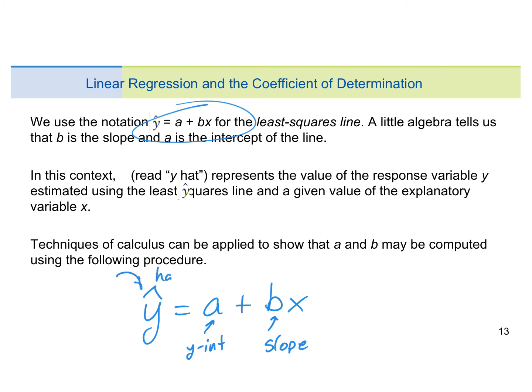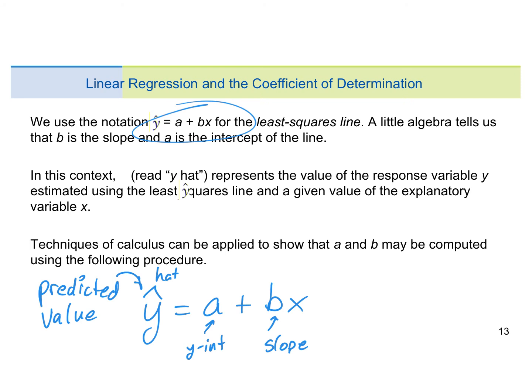This thing is called a hat. It's called Y hat. Ladies and gentlemen, it is our predicted value. It's not Y. Y is an actual point. X is an actual point. Y, we're predicting what the Y is.